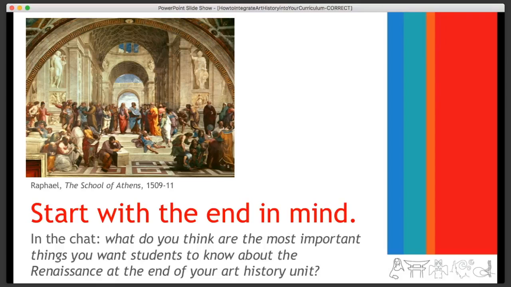What at the end of the lesson do you want them to actually learn? I guess that's writing learning objectives, but I hate writing learning objectives. So I just have a little list, and I guess that is a learning objective, but I don't want to write them down that way. Then teach those things, and don't worry about everything that you can't fit in.